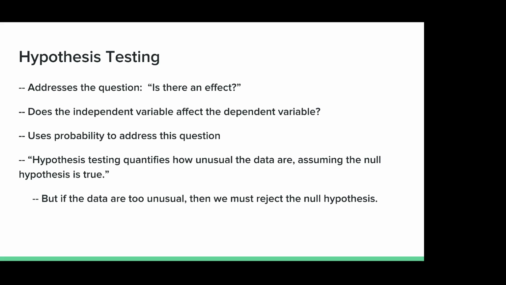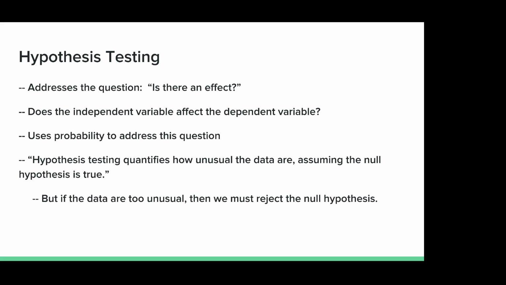So the purpose of hypothesis testing is really we want to see if there is an effect between something, the independent variable, and something else, the dependent variable. So fundamentally, does the independent variable affect the dependent variable? The idea here is that if we're designing an intervention, we want to know, does this intervention have an effect?